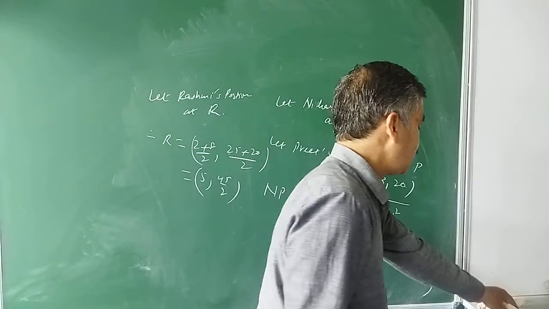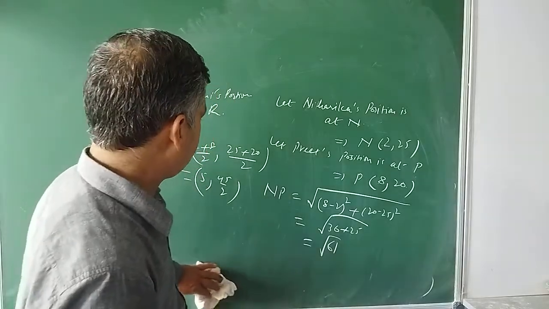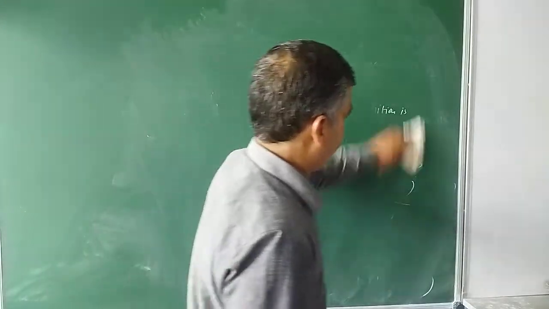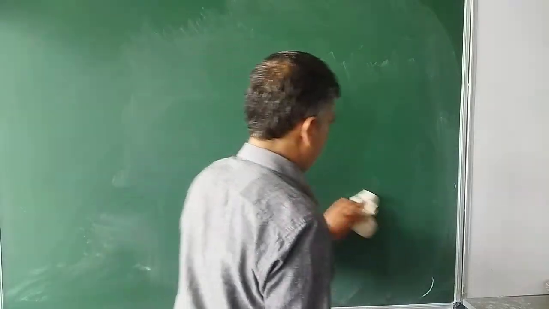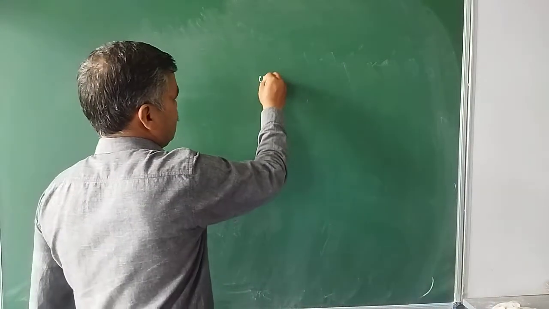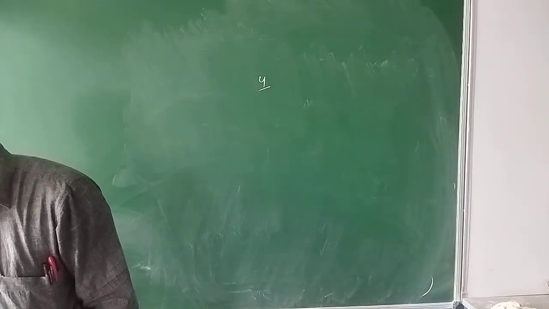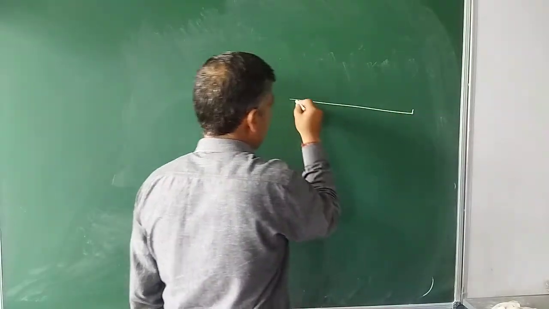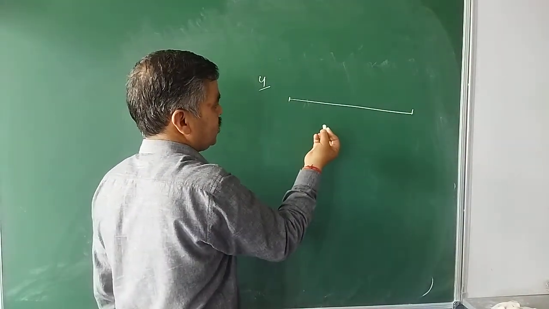Now let us go to question number 4. So here is question number 4 as per your textbook: find the ratio in which the line segment is divided. The ratio you have to determine in terms of k ratio 1.